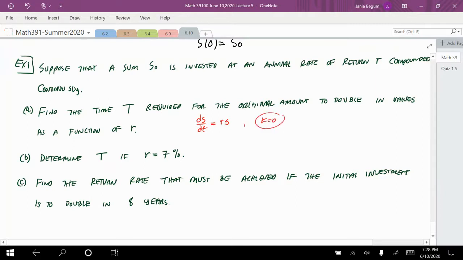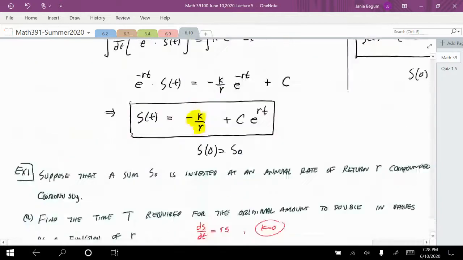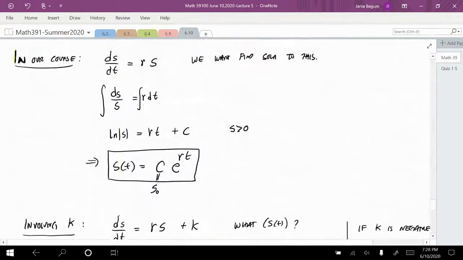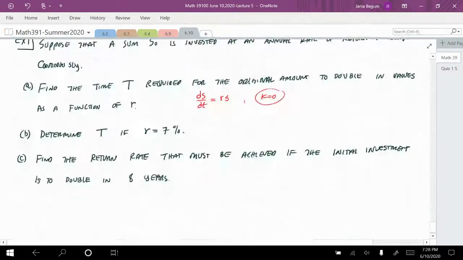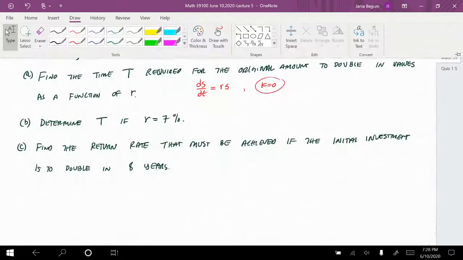It doesn't mention in the question, so let's drop that factor. Well, we know what's the solution if ds dt is equal to r times s, right? So this is something you can always compute by doing separation of variables, or you can memorize it's just the exponential, e to the rt, right? So we know part A, so let's write down the answers to this part.